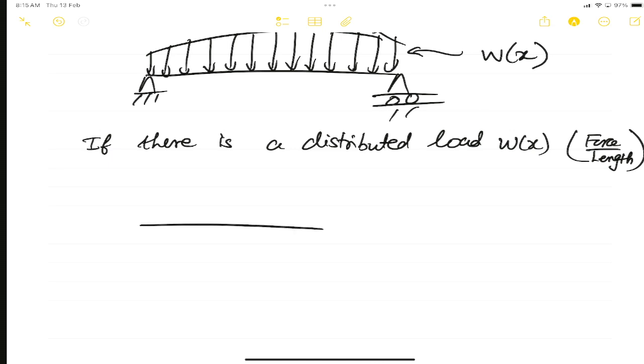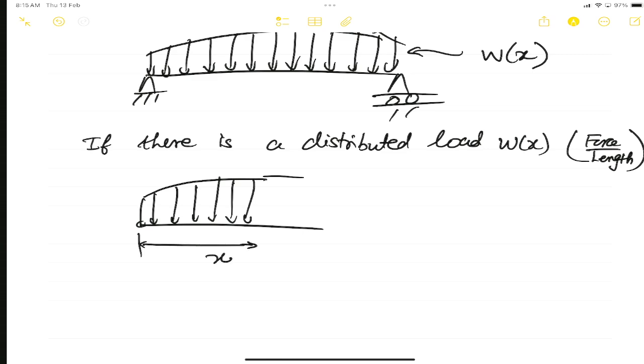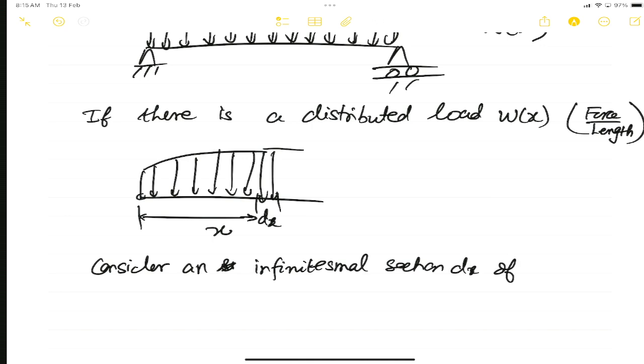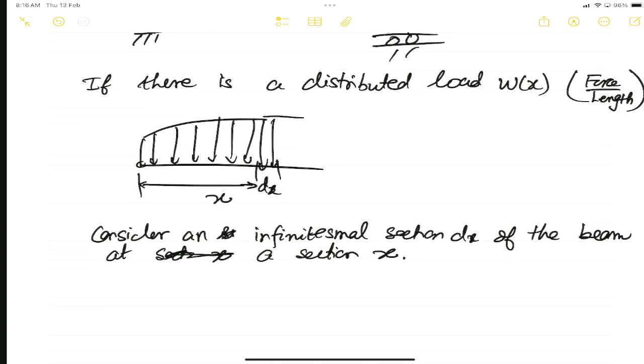Then what one does is, consider a section x from the origin, and an element dx.